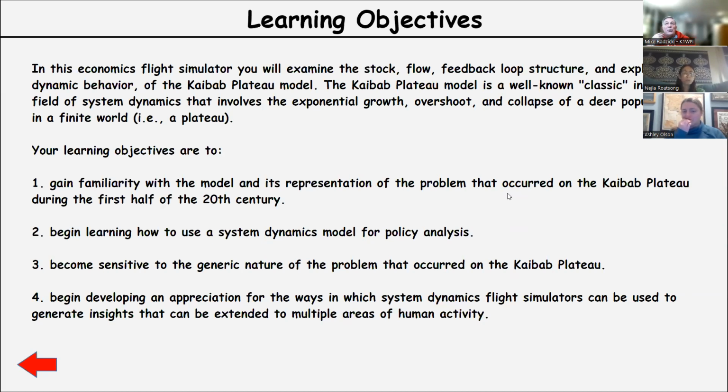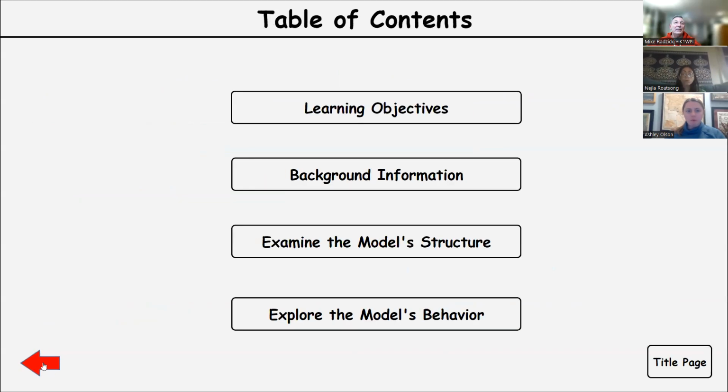We want to gain familiarity with the model and the tragedy or the issues on the Kaibab Plateau. We want to start looking again at how you use a system dynamics model for policy analysis specifically. We want to call attention to the fact that we have a generic structure here for overshoot and collapse. And again, it's just another application of system dynamics.